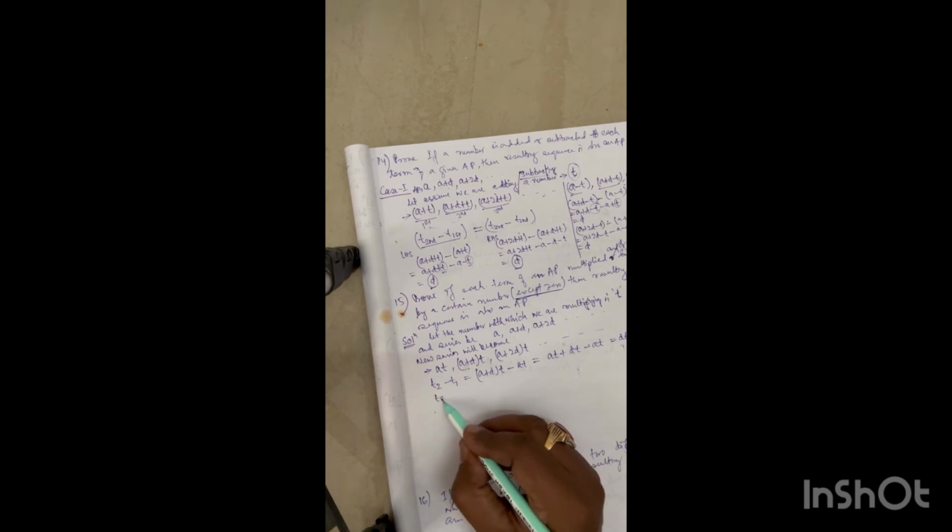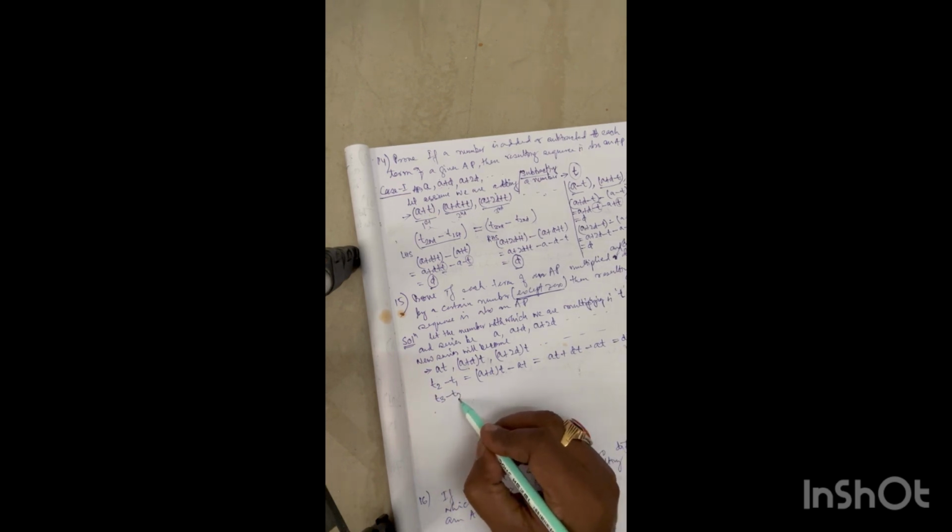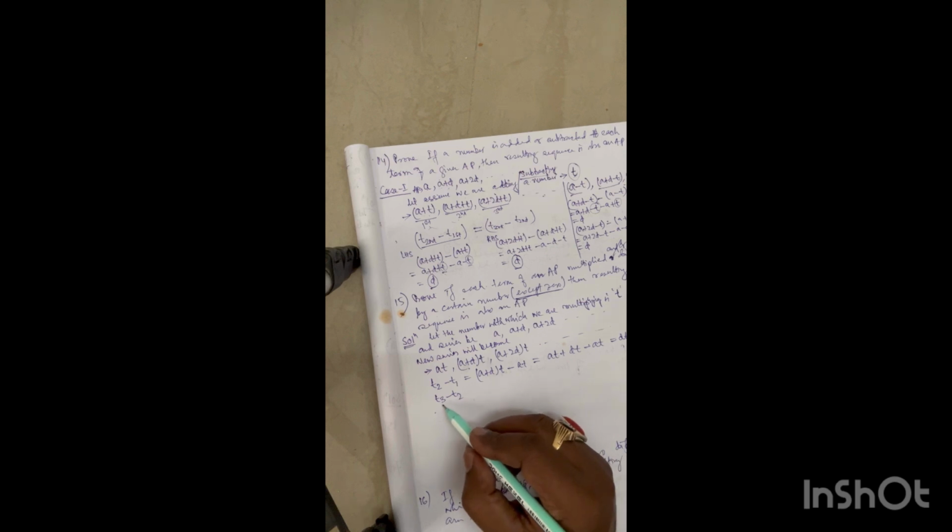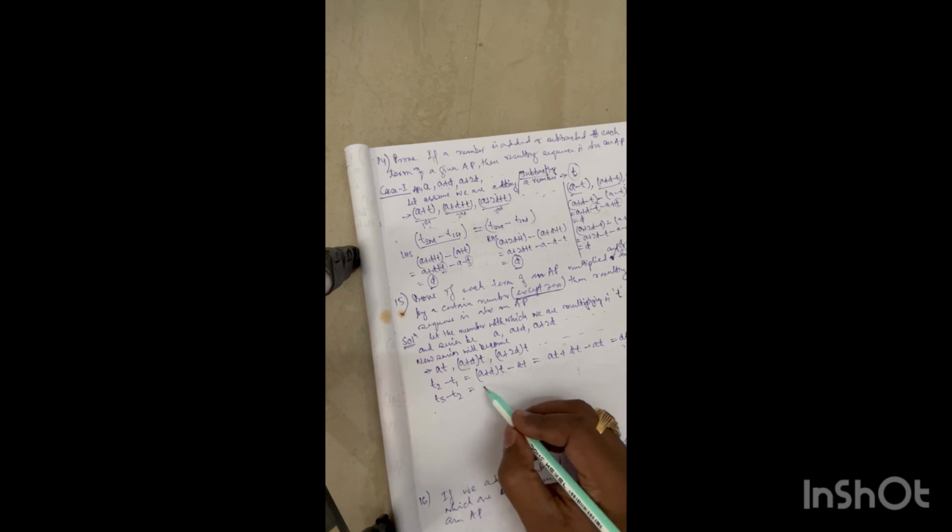Now the same thing I will do by taking t3 minus t2, the second consecutive terms, and check whether the result holds good or not. Removing both the brackets, this becomes (a plus 2d) into t minus (a plus d) into t.